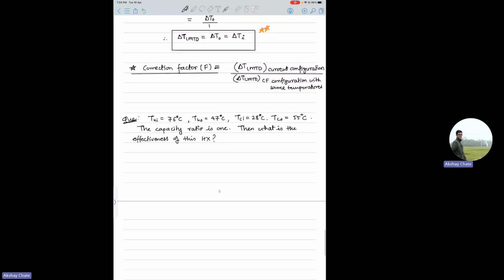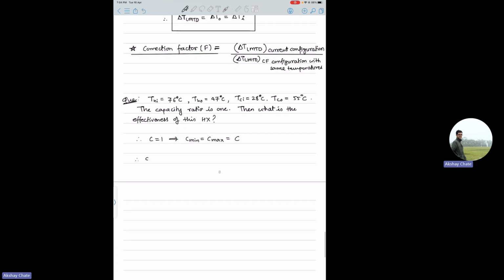So it is mentioned that the capacity ratio is 1. So therefore C equals 1. That implies C min and C max are both equal. So that will be some, let's say, C. So we know that effectiveness is nothing but Q by Q max, right? So Q can be defined in terms of the hot fluid as well as the cold fluid.